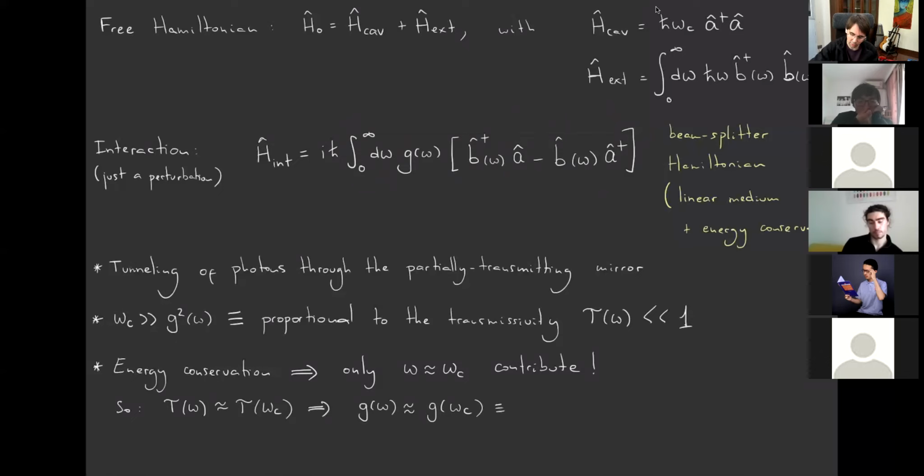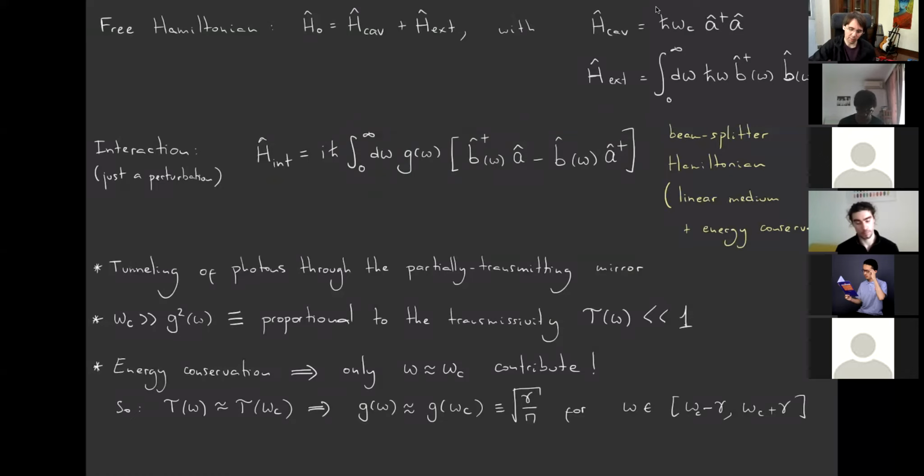And this is what we will call square root of gamma over pi. You will understand why gamma over pi. And we will assume that this is the case for frequencies between the cavity frequency minus the coupling squared and the cavity frequency plus the coupling squared.